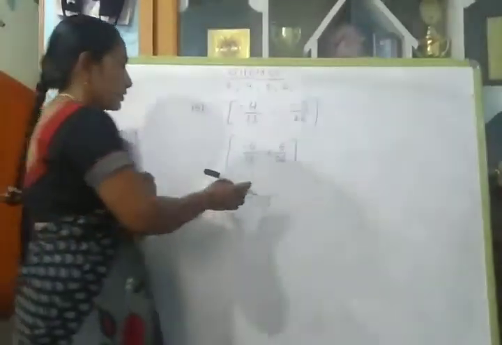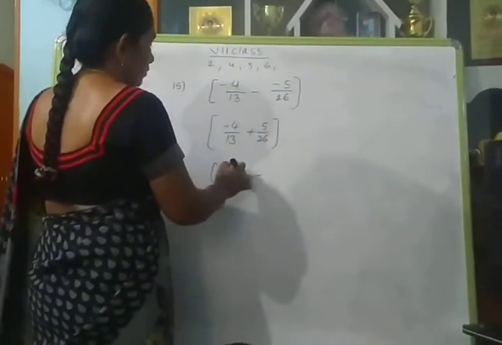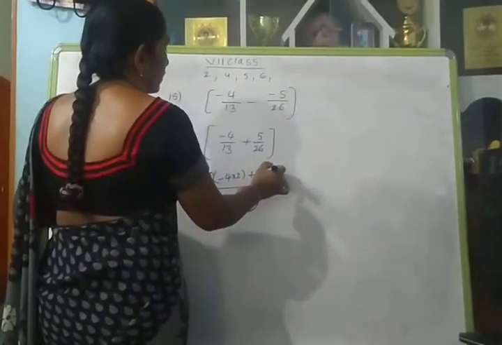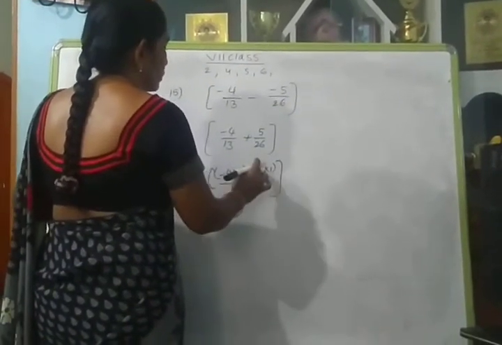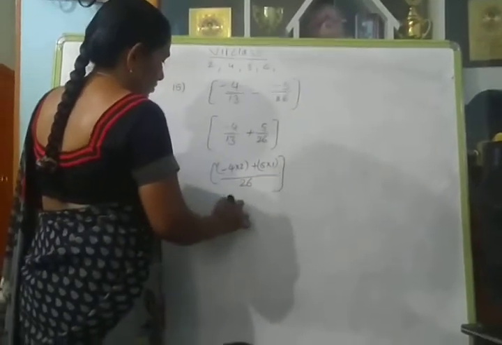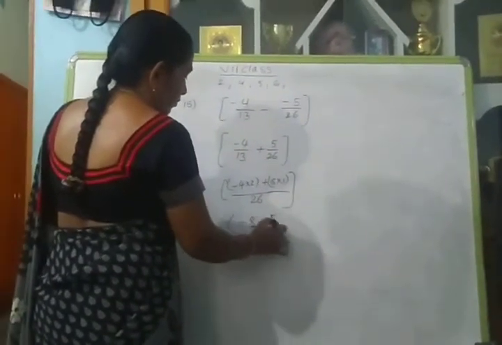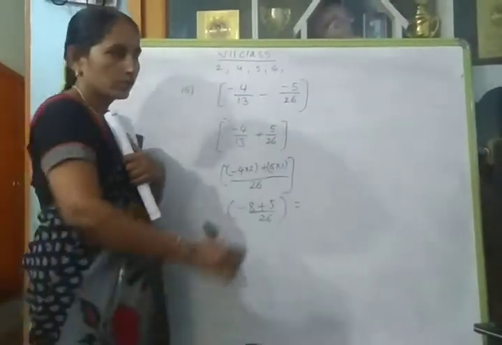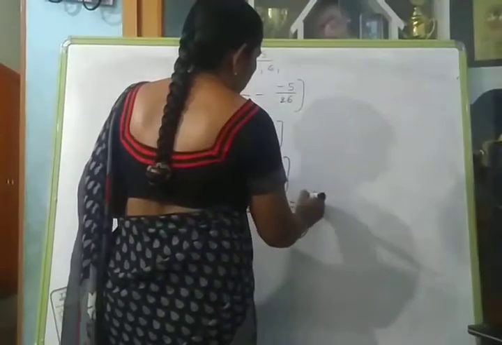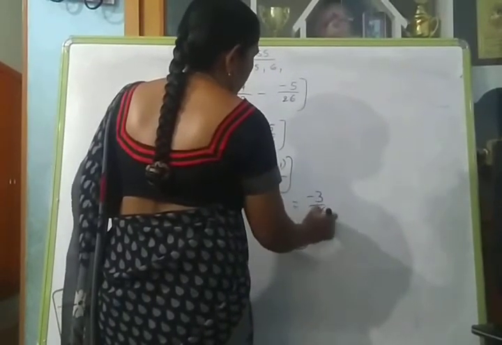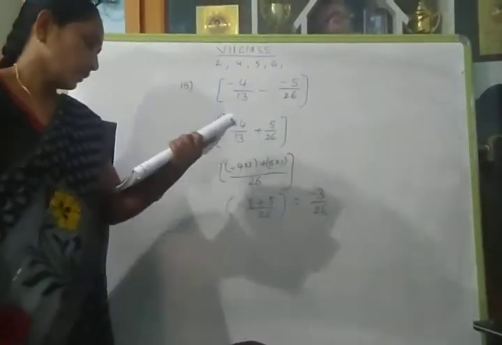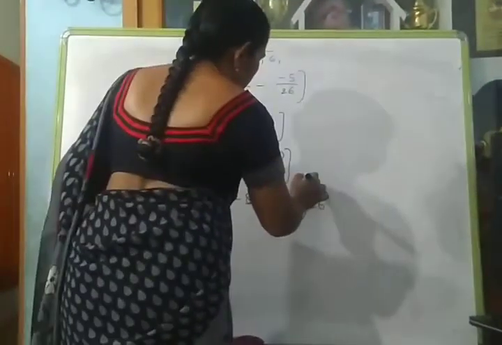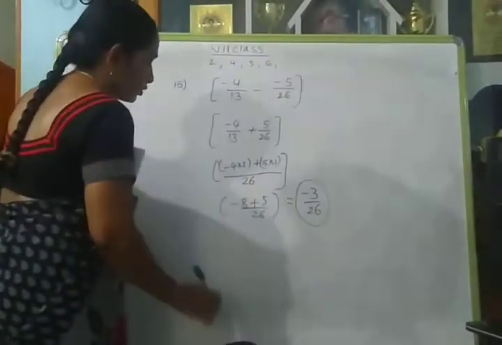So 26 LCM. 13 2s are 26, 4 into 2 plus 5 into 1. So what you will get here? Minus 8 plus 5 by 26. Minus 8 plus 5 how much? 8 minus 5, 3. 8 has negative sign. So minus 3 by 26. Additive inverse they asked. Result is minus 3 by 26.